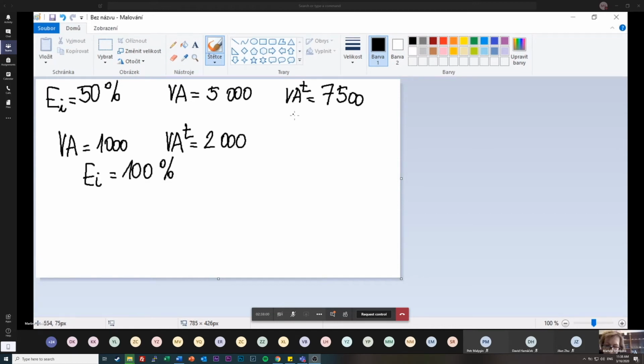And the final point, 19A, protectionism can prevent domestic unemployment, possibility A. It's true, because you save jobs, although the production is not effective.